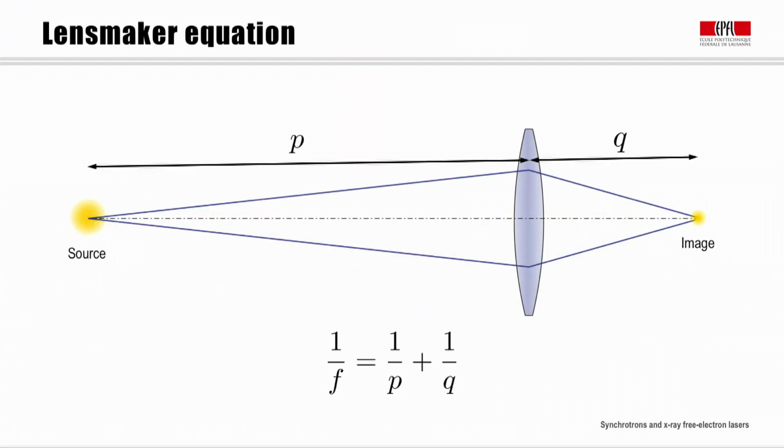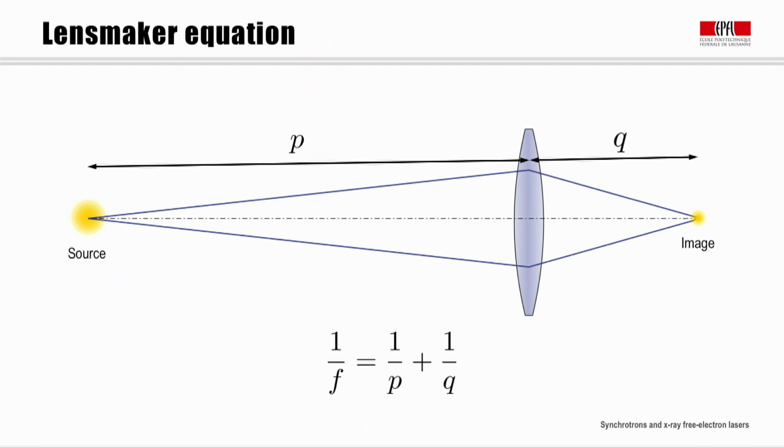The lensmaker equation states that the reciprocal of the focus of a lens, 1 upon f, equals the sum of the reciprocals of the source to lens distance, p, and the lens to image distance, q. The degree of magnification is q divided by p.